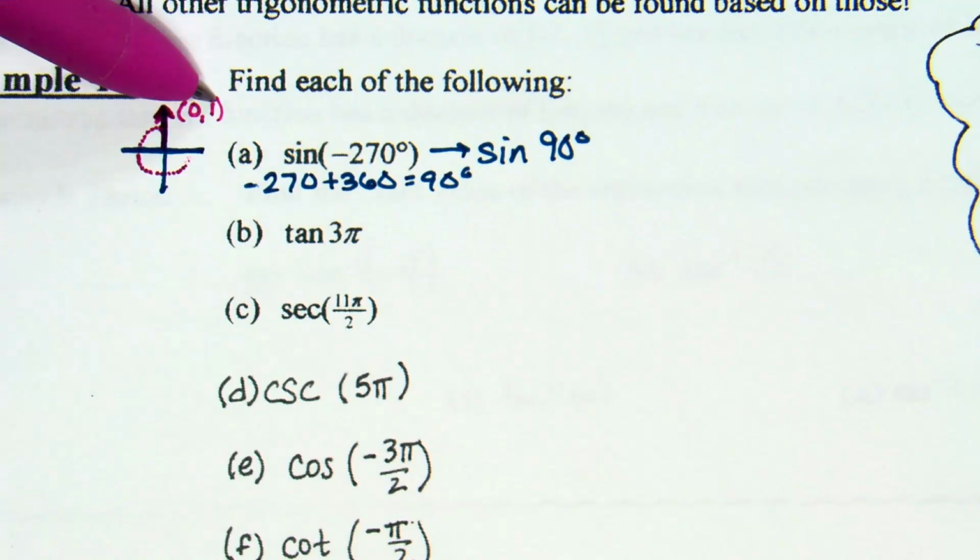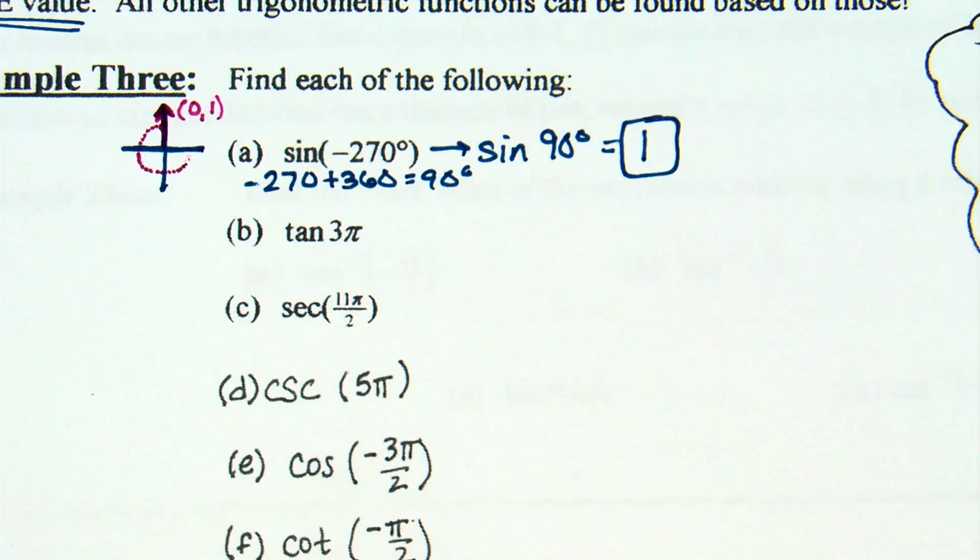The cosine is 0, but I'm not asking that. The sine is 1. So the sine of 90 degrees is 1. Questions on that? Maybe we're going to repeat the process on other problems, but are we okay with that first one? Okay.